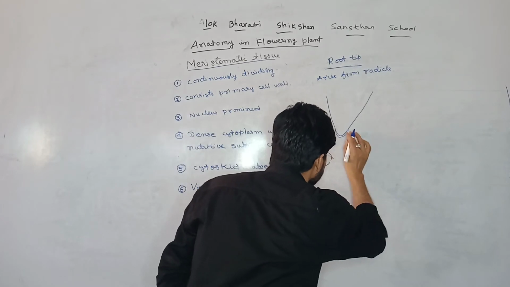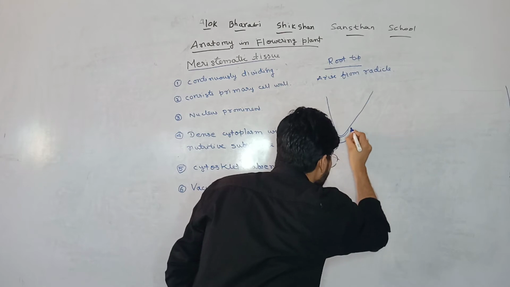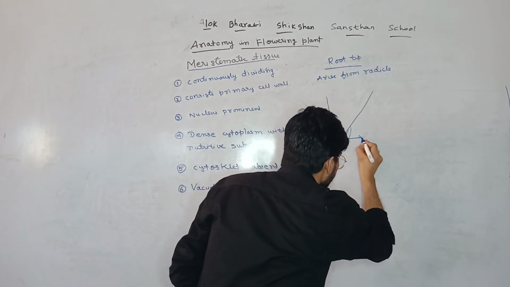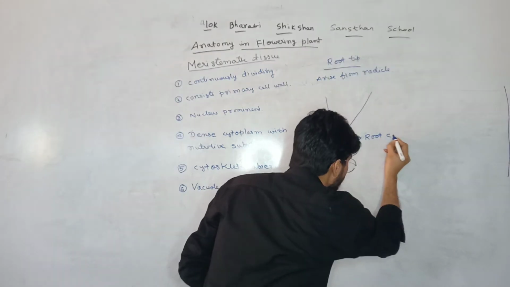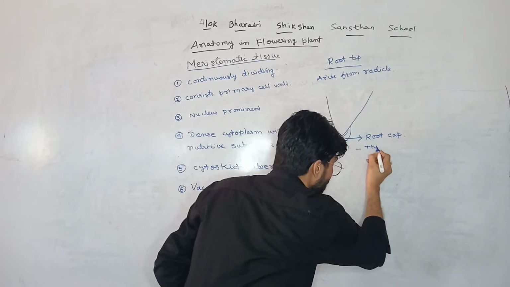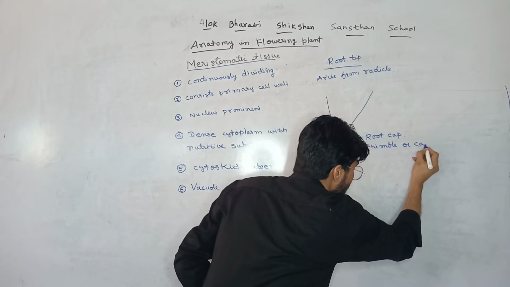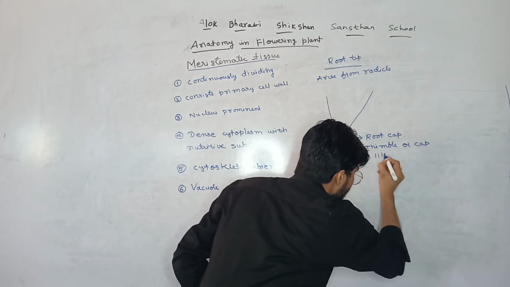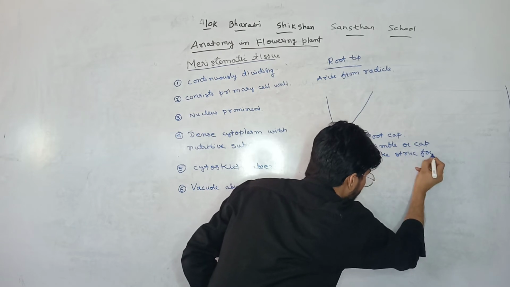You can see the presence of the thimble or cap-like structure, known as the root cap, for protection.